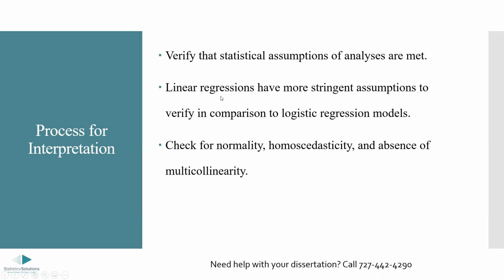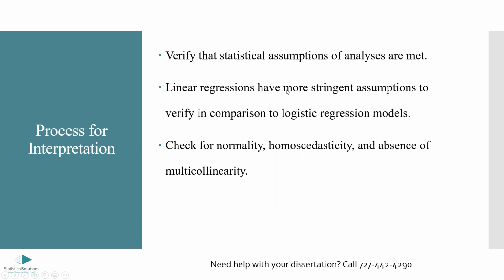Then you start the actual analysis. So what you have to do first, as you do for almost any analysis, is check for the assumptions. Every statistical analysis has parametric or non-parametric assumptions that you have to verify.